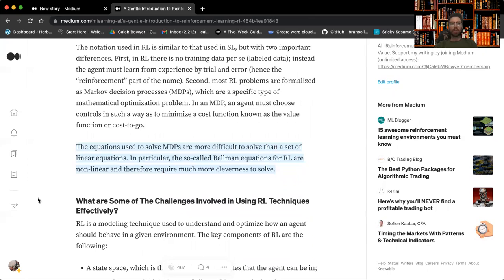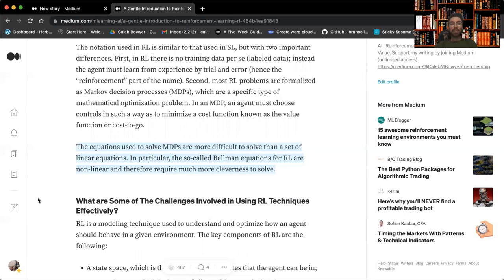First, in RL, there is no training data, labeled data. Instead, the agent must learn from experience by trial and error, hence the reinforcement part of the name. Second, most RL problems are formalized as Markov decision processes, MDPs, which are a specific type of mathematical optimization problem.